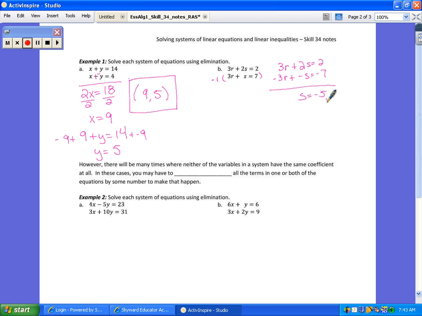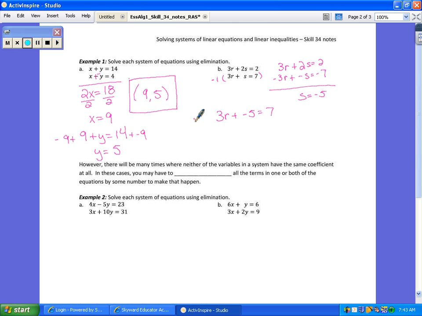So once again, using either equation, I substitute that back in and find out what r is. I'm going to use the bottom equation just because I can do less work that way. So I have 3r plus a negative 5 equals 7.